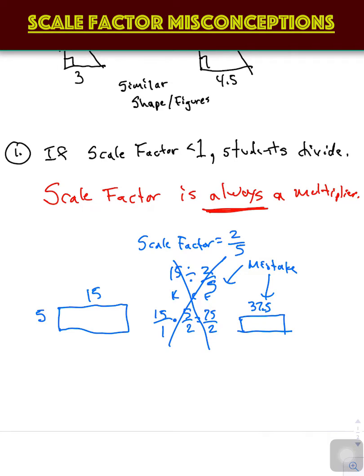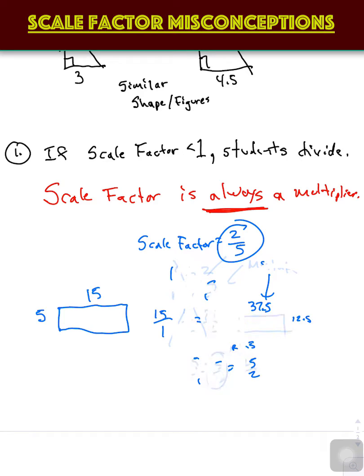If we did the same thing with the other side, it'd end up being 5 over 1 times 5 over 2 would be 25 halves. A lot of times I'll get papers that look like this, and they'll say 37.5 and 12.5. What this is in effect doing is actually making the scale factor 5 halves, or 2.5, instead of 2/5. So that's the mistake way.